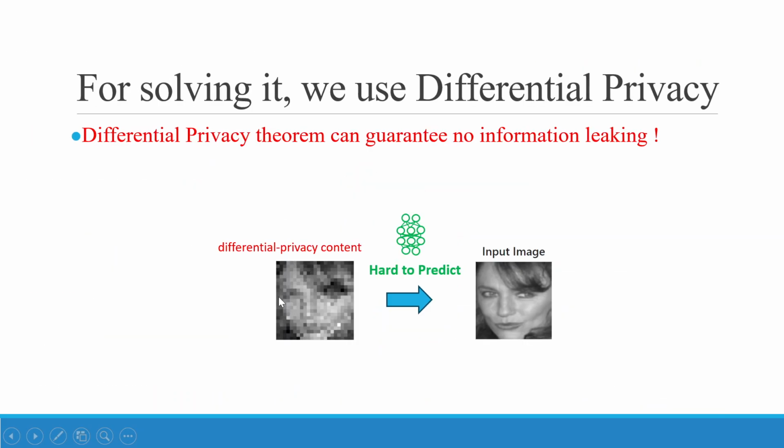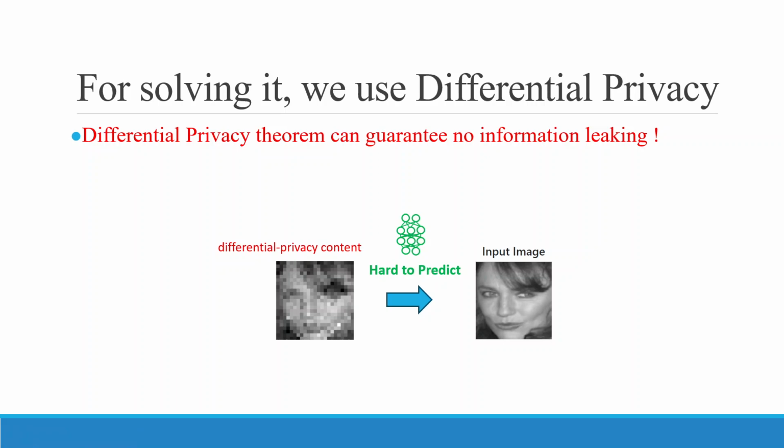This image, based on differential privacy, will make the machine learning system hard to predict the original image.